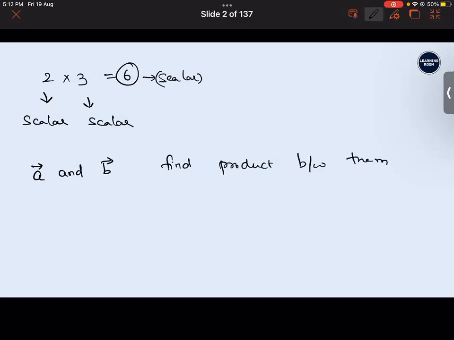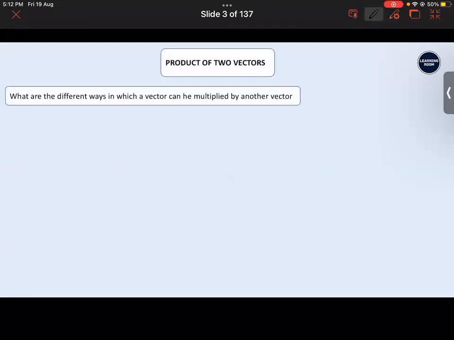When you talk about the product of two vectors, there are two kinds of operations we can perform. The answer is, it can be done in two ways.